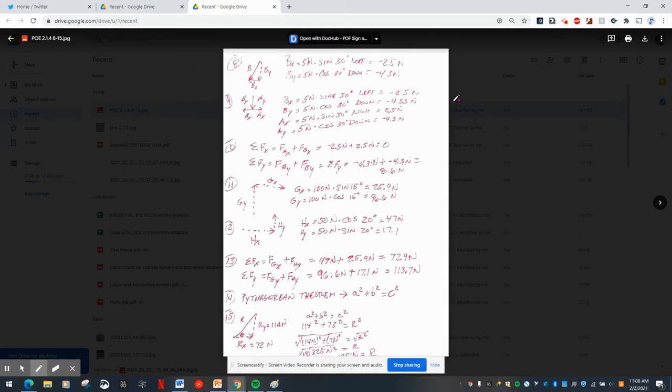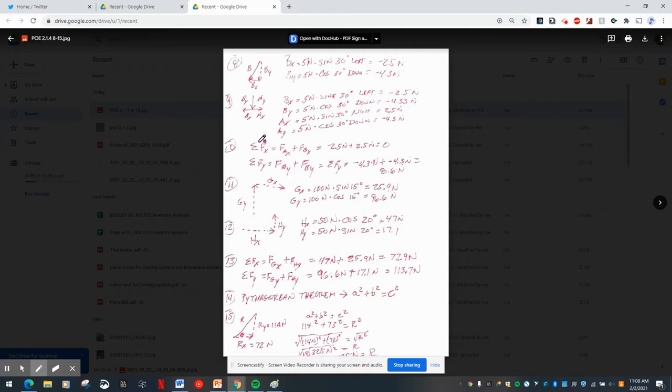And then AX is equal to 5 newtons times the sine of 30 degrees, and it's going right, so it's positive 2.5. And then AY, which is over here, is equal to 5 newtons times the cosine of 30 degrees, going down. So that's negative.